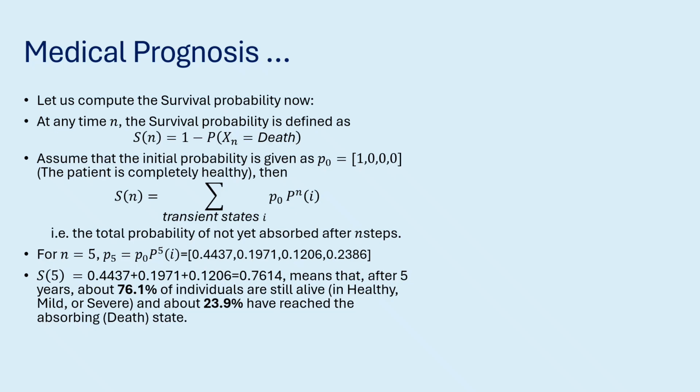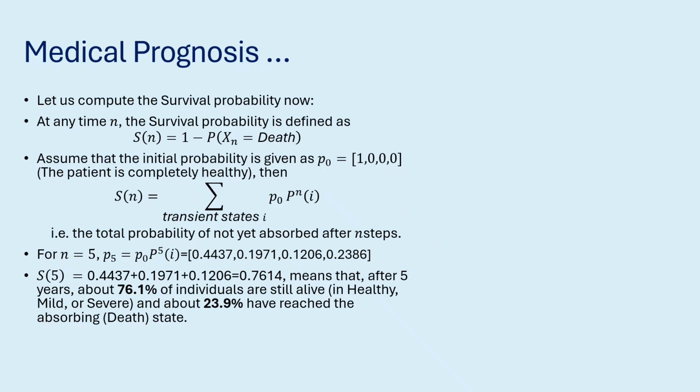You can assume any probabilities and compute and see how it is going to happen. This is the total probability of not yet being absorbed after n steps. So 1 minus that becomes the survival probability. For different n, 5, 10, 15, or any number in between, you can find the survival probabilities here.